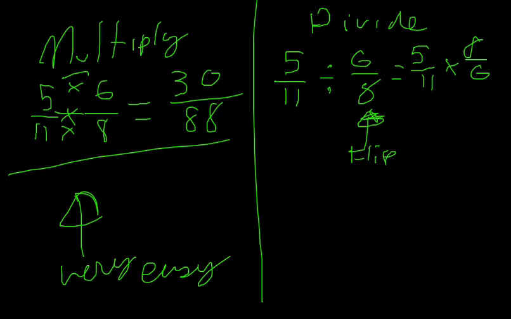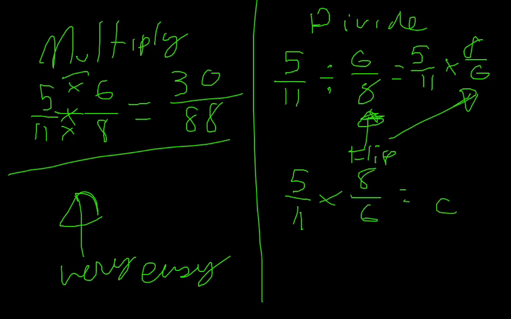And that is what makes dividing so easy. Sometimes, in these cases, addition and subtraction is actually harder. 5 times 8 is 40, and that's 40 over 66, which is really quite cool.